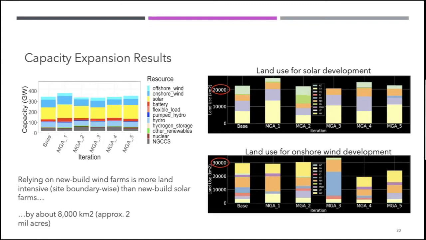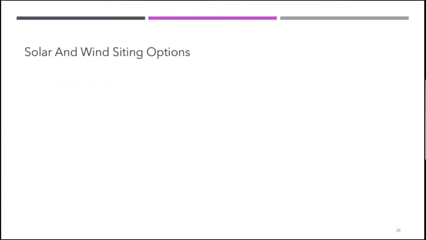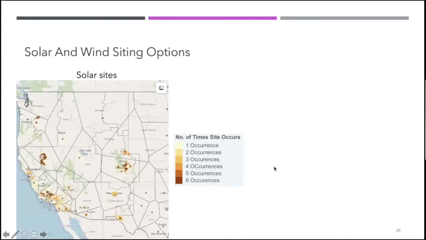We have downscaled these results to find out exact locations, based on their LCOE, on where you should be building solar PV in the American West. These are our recent results. We still need to refine them a bit, but I just wanted to give you an idea about what MGA solutions can give us for policy analysis, right?